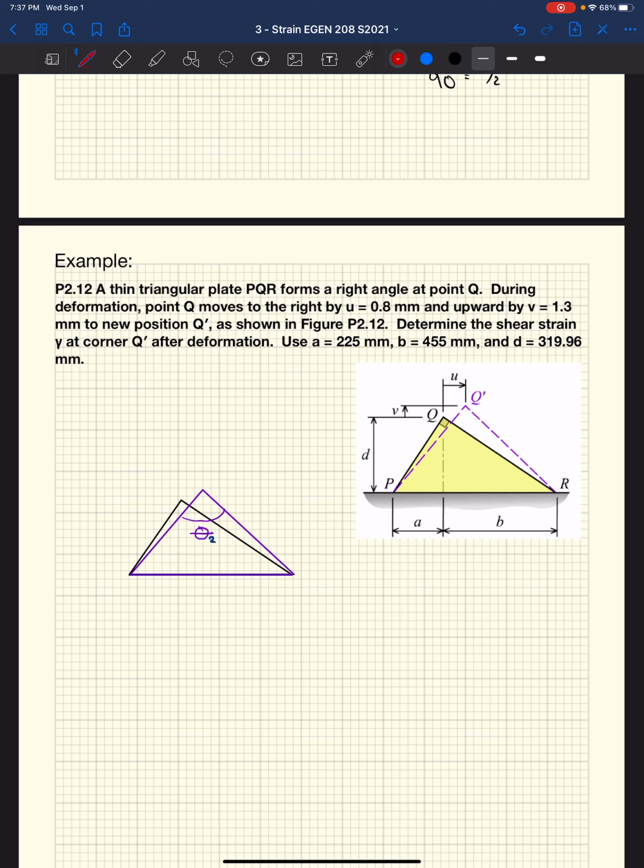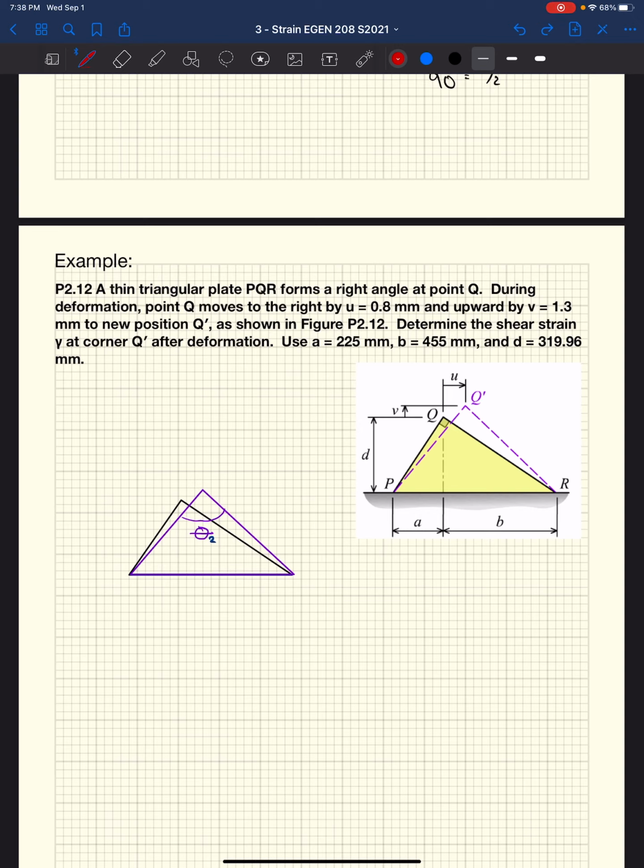So really what this is saying is we have a triangular plate, maybe some sort of stiffener plate on the side of something, and we had some load P acting at Q, kind of up and to the right. Based on that loading, it moved that point Q and deformed this plate so that it took on the deformed shape of Q prime.